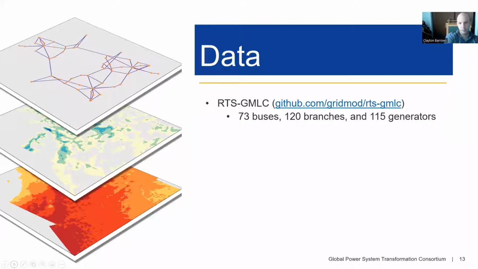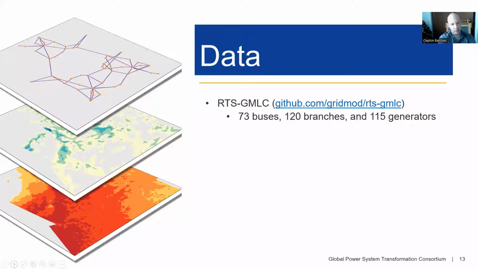So we will again focus on an open data set that's available called the RTS GMLC, which is an extension of the RTS 96. There are some publications and data sets available to describe this test network that was originally built by an IEEE task force.